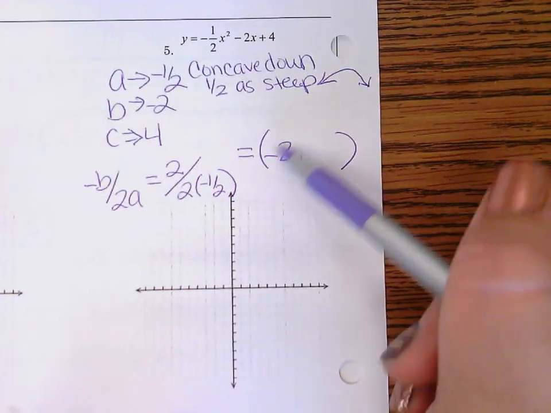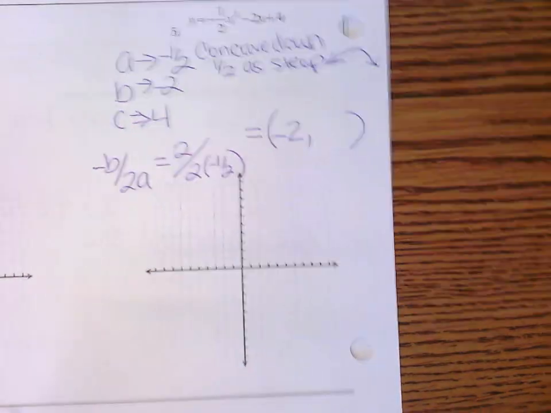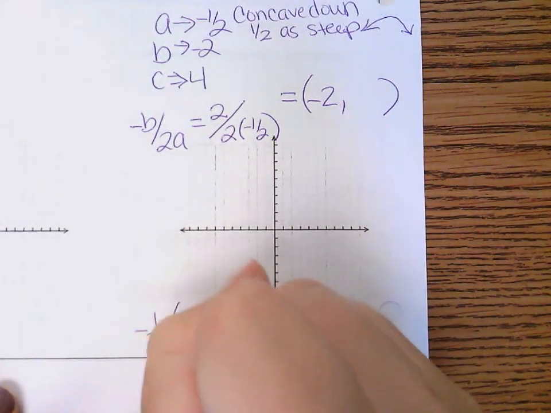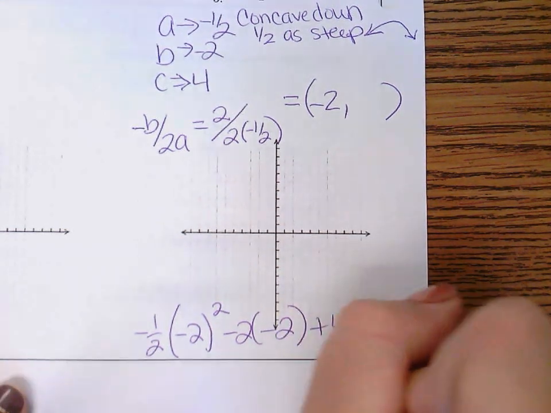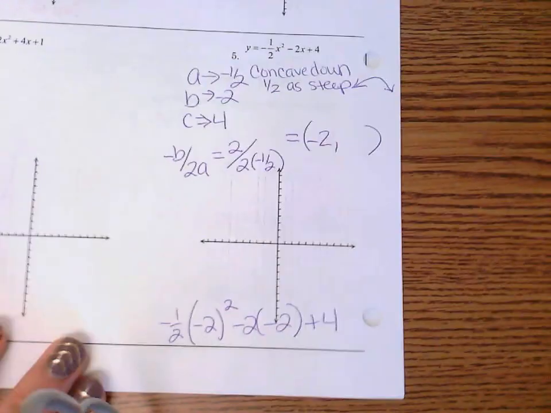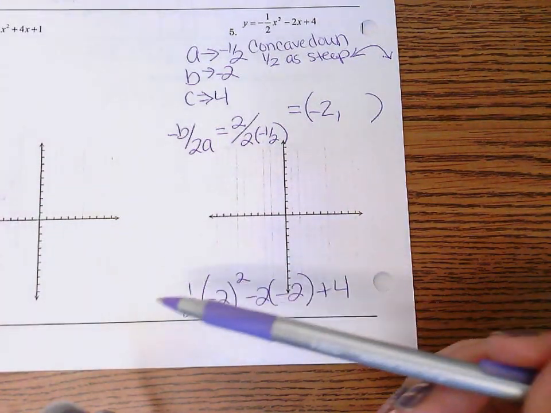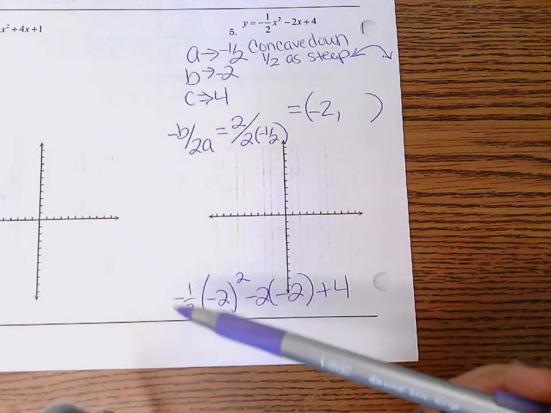So now I'm going to plug -2 back into that original function. So let's see, it's -1/2 times -2 squared minus 2 times -2 plus 4. So you could do that on your calculator to find the y value, or you could try doing it in your head.